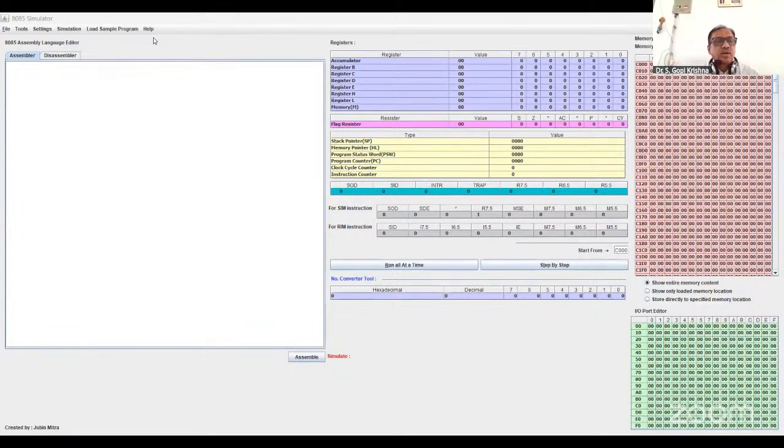Then SPHL, copy H and L registers to the stack pointer. This instruction loads the contents of the H and L registers into the stack pointer register.